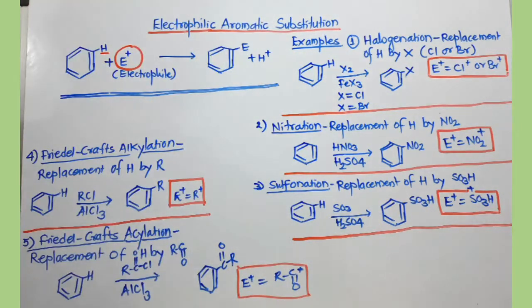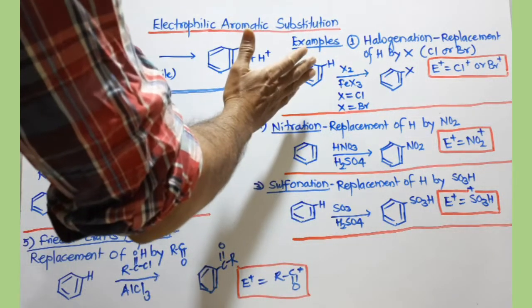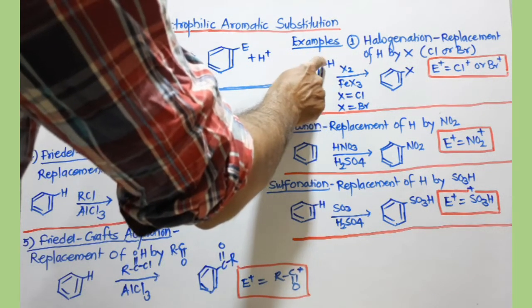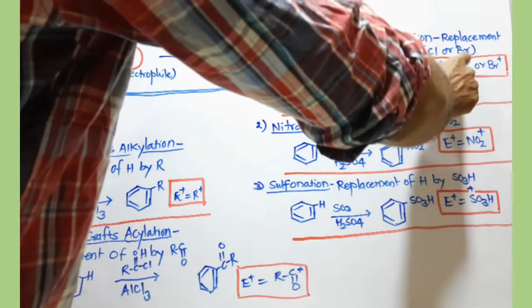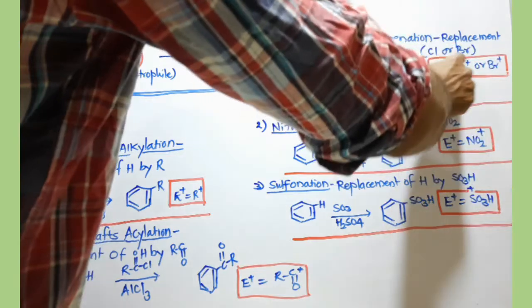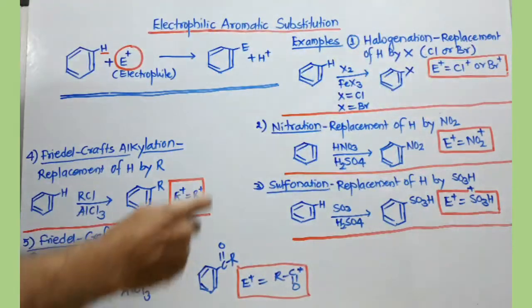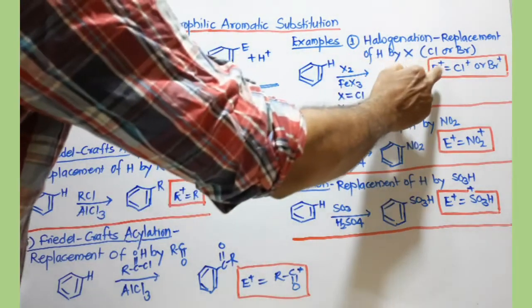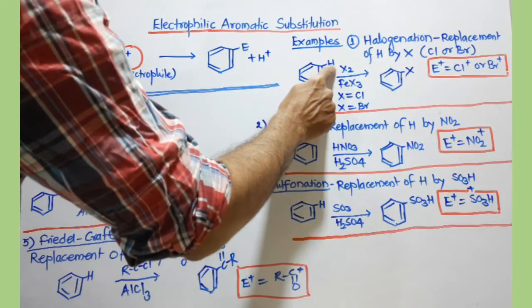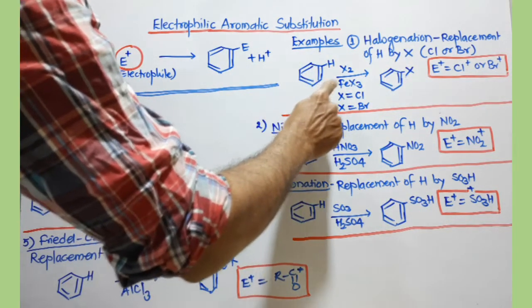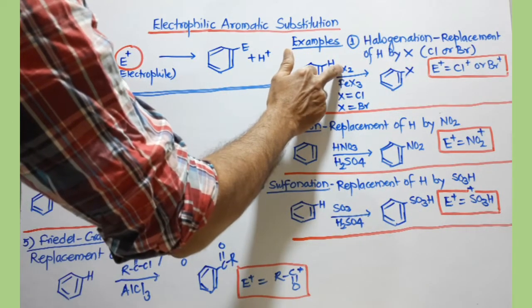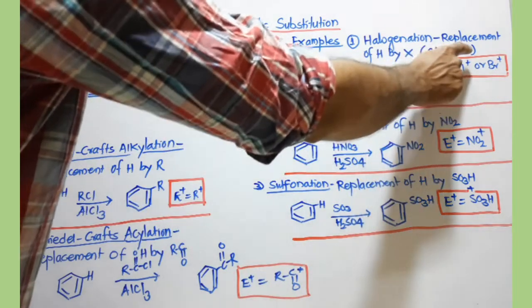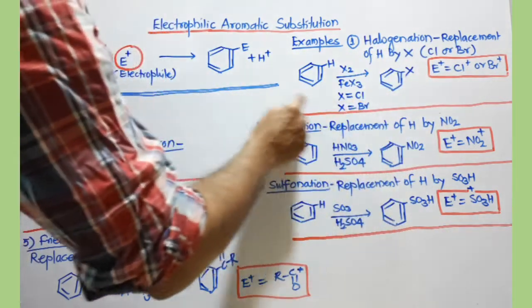We will discuss them in more detail, but at the beginning, when a halogen is used as an electrophile, meaning Cl plus or Br plus, and these electrophiles replace hydrogen of the aromatic ring, we get this product. Replacement of one hydrogen by X, meaning Cl or Br, gives the halogenation reaction.